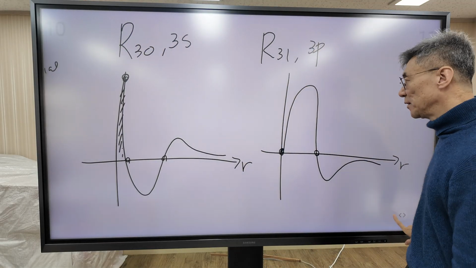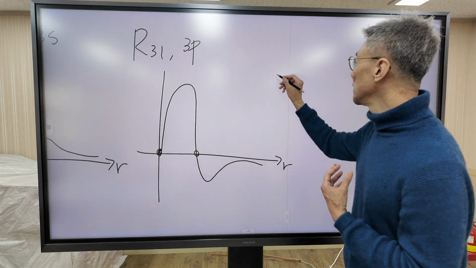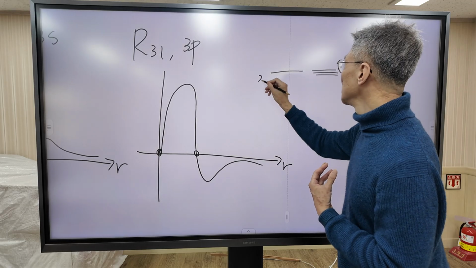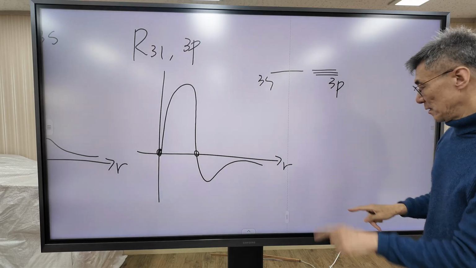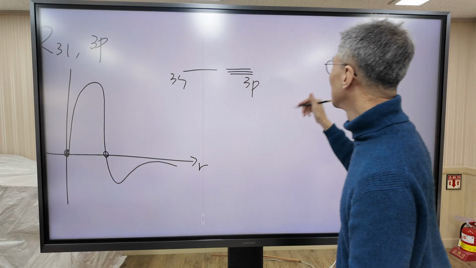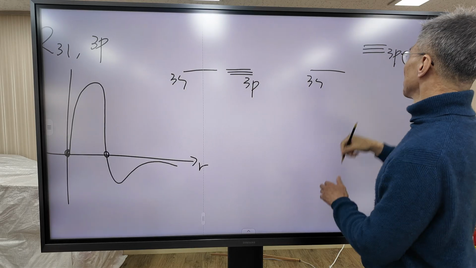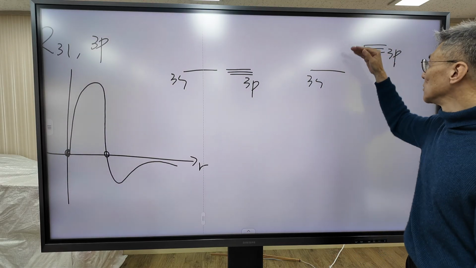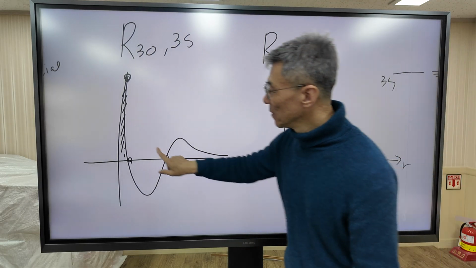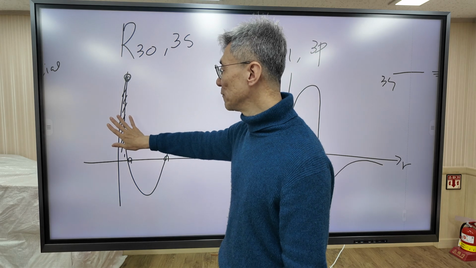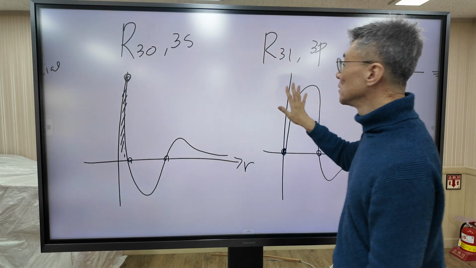So this is very important for multi-electron systems. For a single electron system, 3s and 3p are the same. But what about the multi-electron system? The energy level of 3s orbital is lower than 3p orbital. Why? Because the probability of being found near the nucleus is higher for 3s orbital compared to 3p orbital.